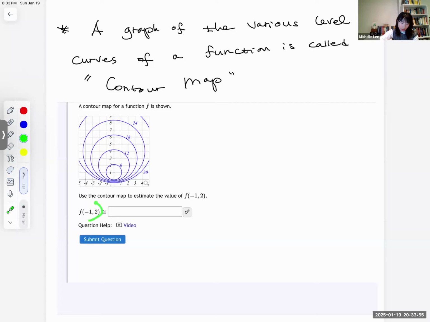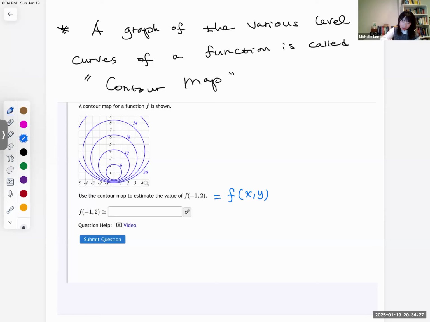All right, so we want to know about when x equal to -1 and y equal to 2, right? Let me write down. This is f of xy, right?